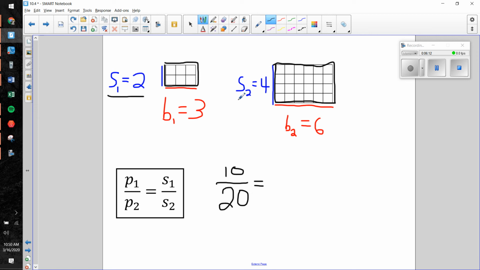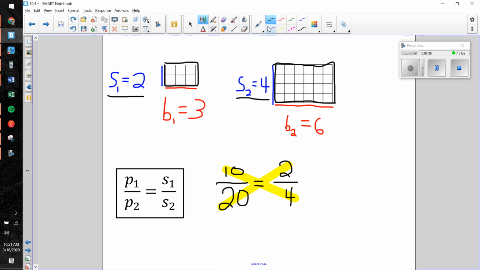So if I look at the heights, the side in the first figure was 2, and in the second figure was 4. So a ratio of 2 to 4 right here. And if we recall from back in chapter 7, there's a couple of things we could do to verify this. The first one right here may be to cross multiply, to take the 10 and multiply it by the 4, and then take the 20 and multiply it by the 2.